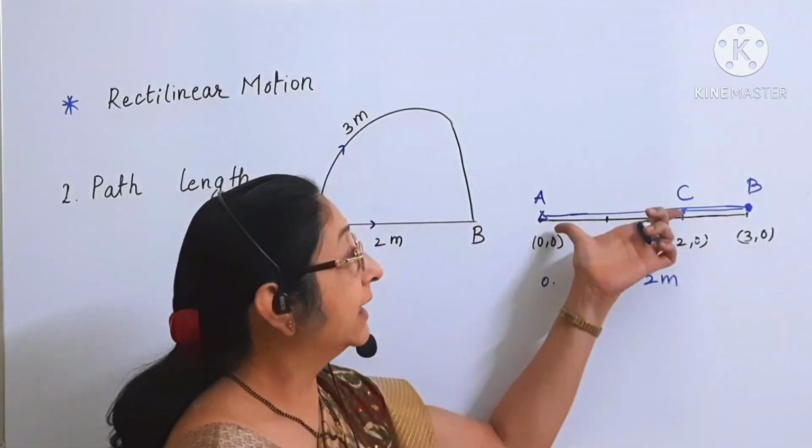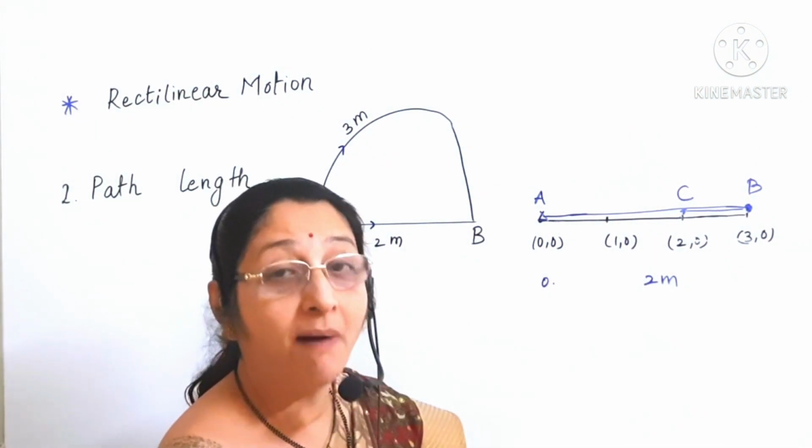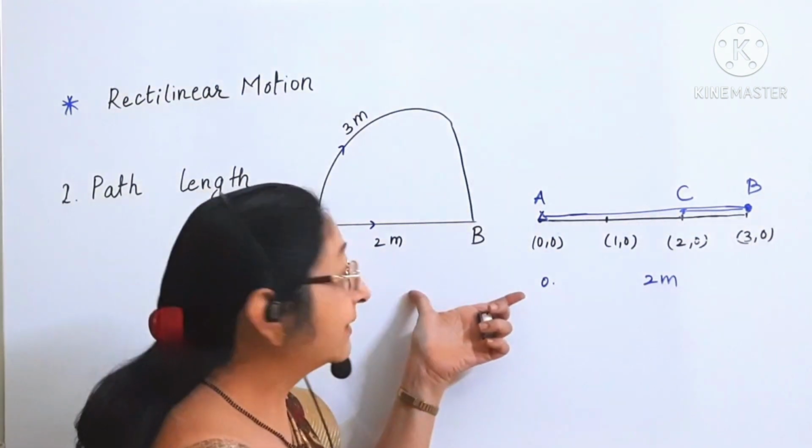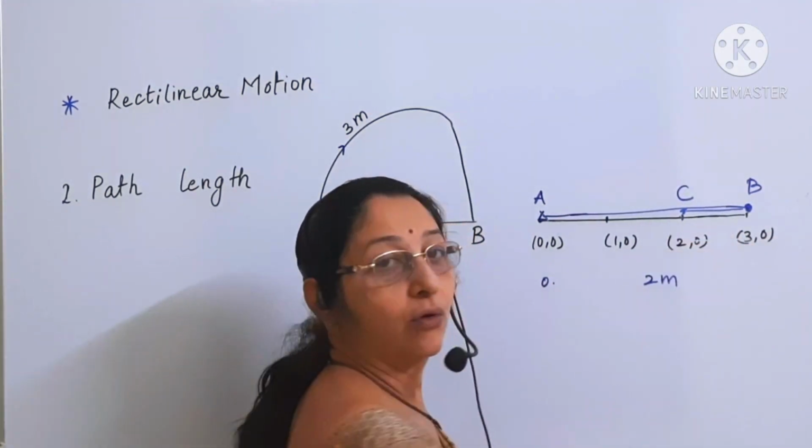So the distance travelled, the path length, is 3 plus 1, 4.